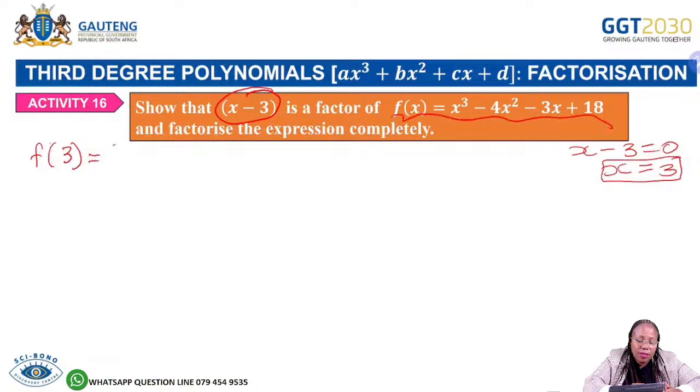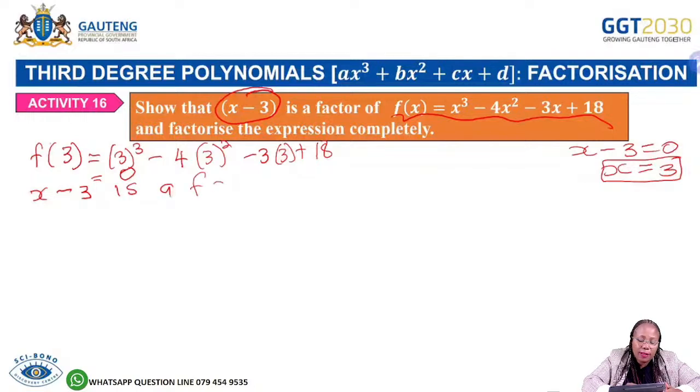That means it is 3 cubed minus 4 into 3 squared minus 3 into 3 plus 18. Grade 12, if you put everything into your calculator, you will get that 0. Therefore x minus 3 is a factor. At least up to this stage we have the first factor.